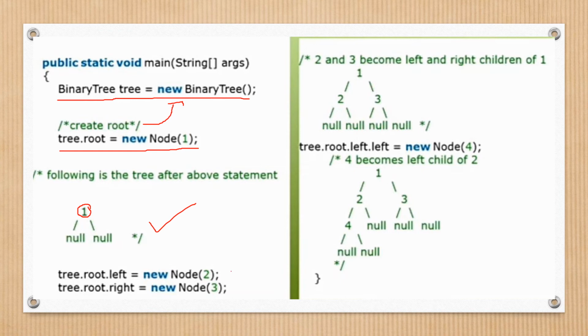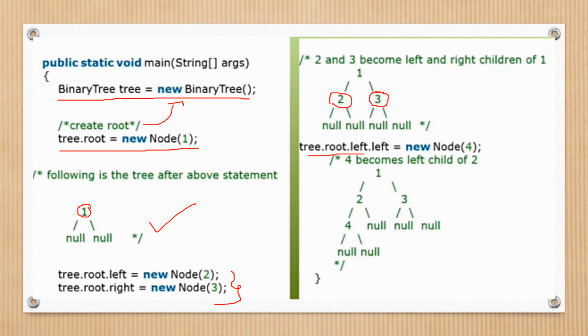After executing these statements, in the left address 2 will be there, and in the right address of 1, 3 will be there. Again these left and right are null.